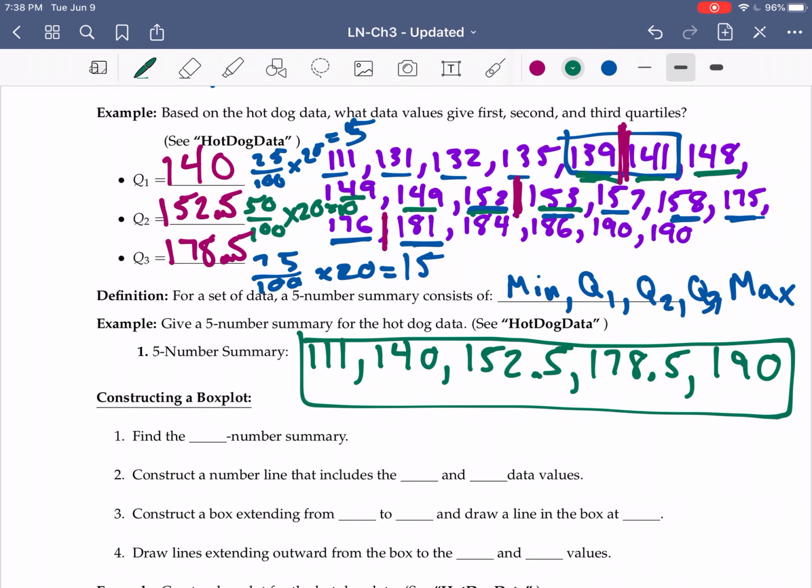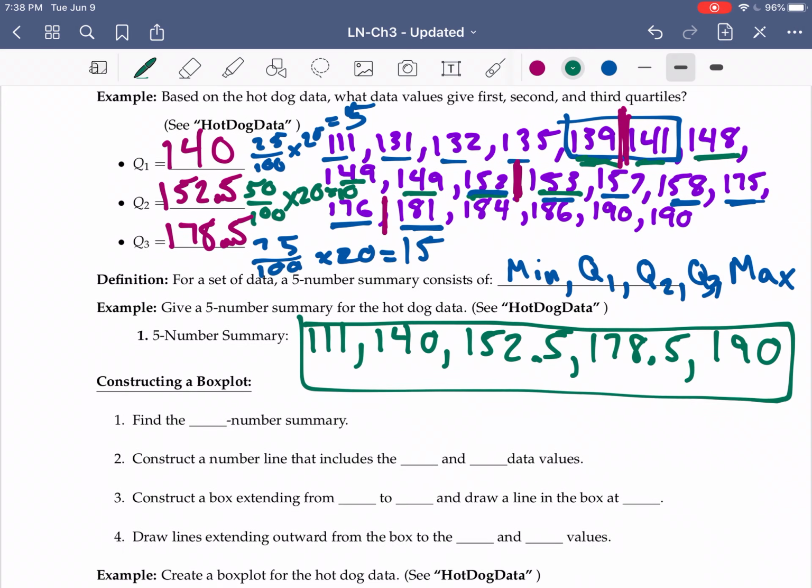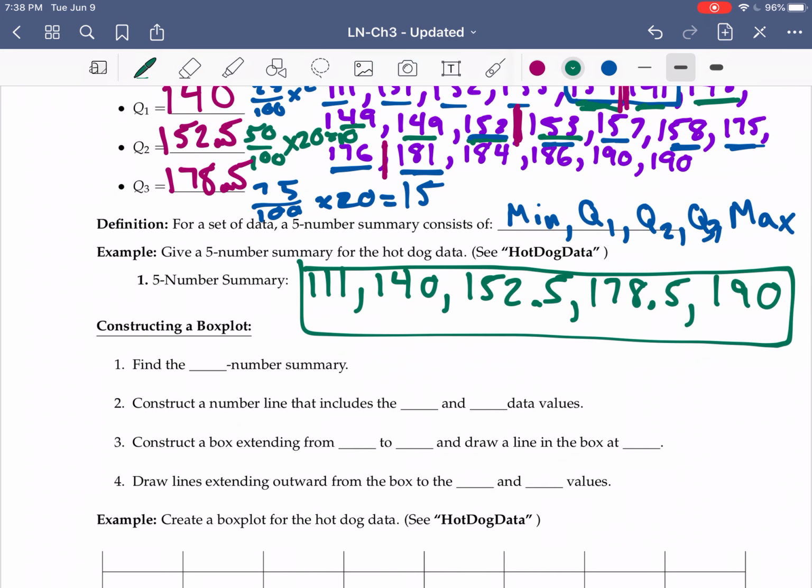It tells us the smallest value is 111. From 111 to 140, there's about 25% of the data. From 140 to 152.5 is 25%. From 152.5 to 178.5 is another 25%, and from 178.5 to 190 is the remaining 25%.